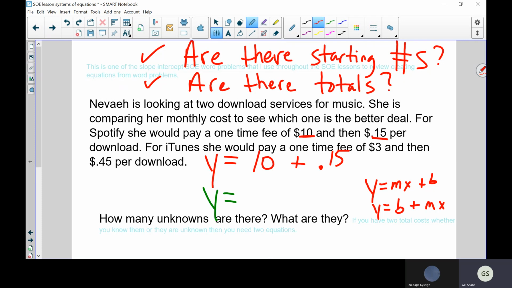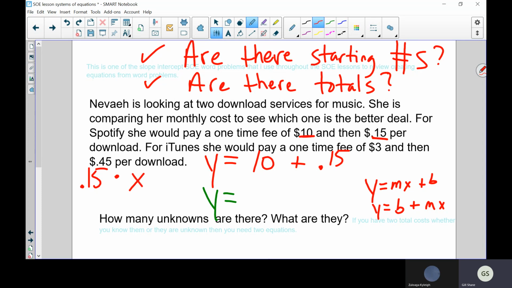Those words back there, I told you, they mean rate of change, right? Like per, every, each. When it comes to math, and again, this is not all the time 100% guaranteed, but for my quizzes, it kind of is, they also mean multiply. So if I'm saying 0.15 cents per download, well, that means 0.15 times, and then again, the download is represented by the variable X, the number of downloads.